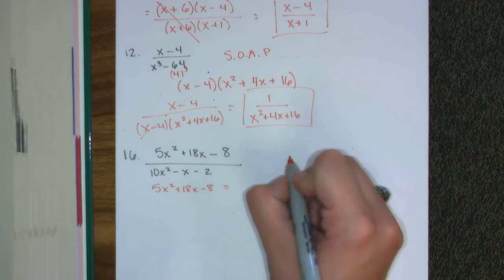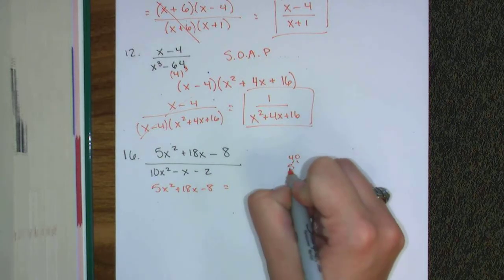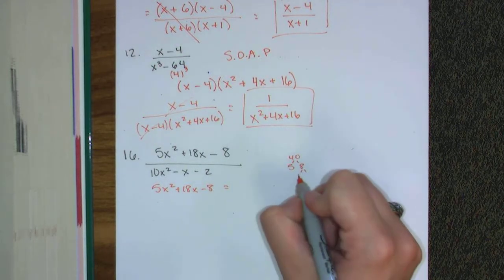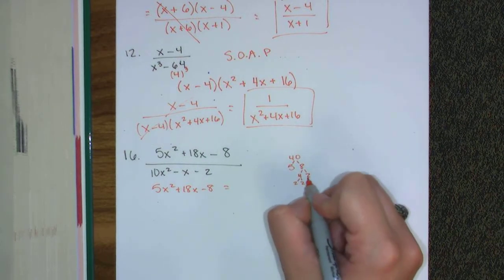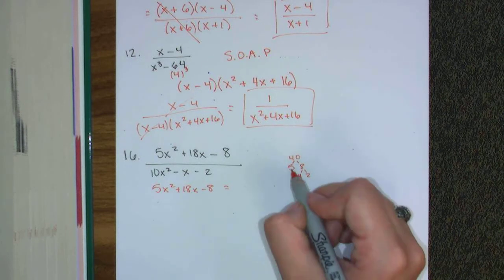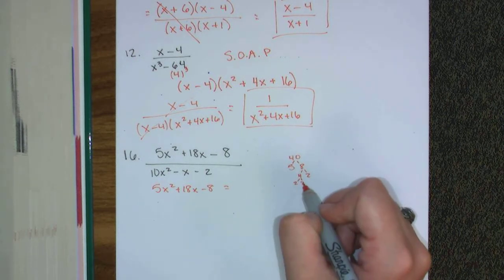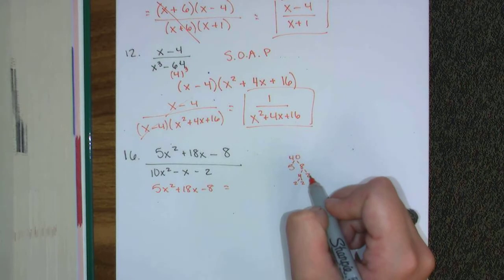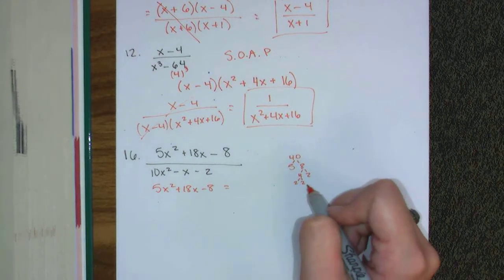So let's think about this. 40, 5 and 8, 4 and 2, 2 and 2, 4 and 10 don't do it. 20 and 2, that would work. Positive 20 and negative 2.